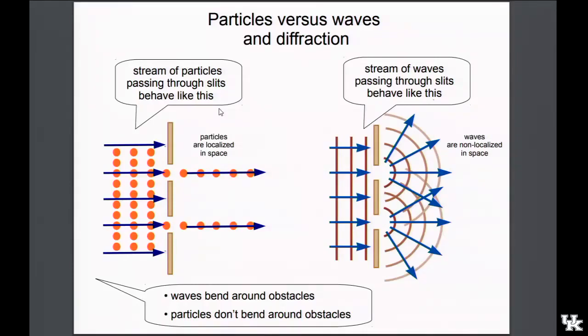And so this diffraction, this bending of waves, whether it's water waves or sound waves or light waves, is a wave phenomenon. It's not a feature of particles. And so our projects today with the single-slit diffraction and the multi-slit diffraction are to look at the details of this diffraction, this bending of waves.